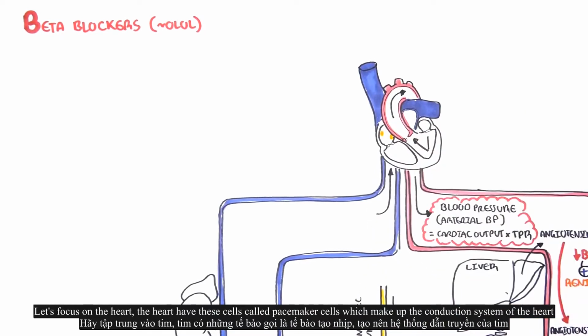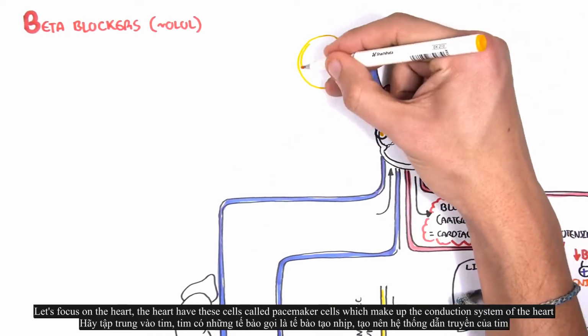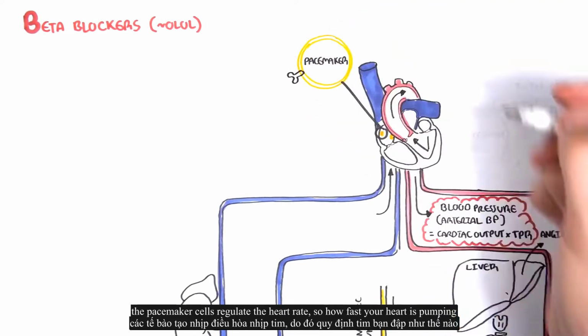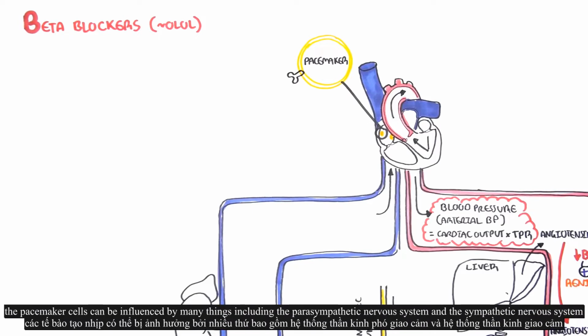The heart has cells called pacemaker cells, which make up the conduction system of the heart. The pacemaker cells regulate the heart rate, so how fast your heart is pumping. They can be influenced by many things, including the parasympathetic nervous system and the sympathetic nervous system.